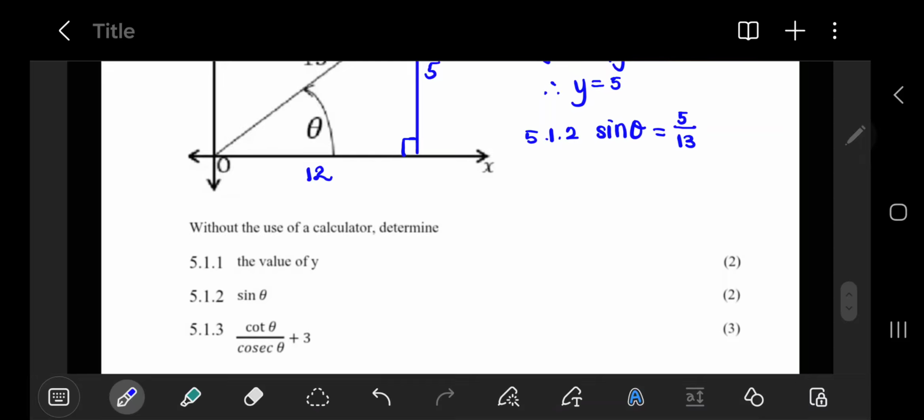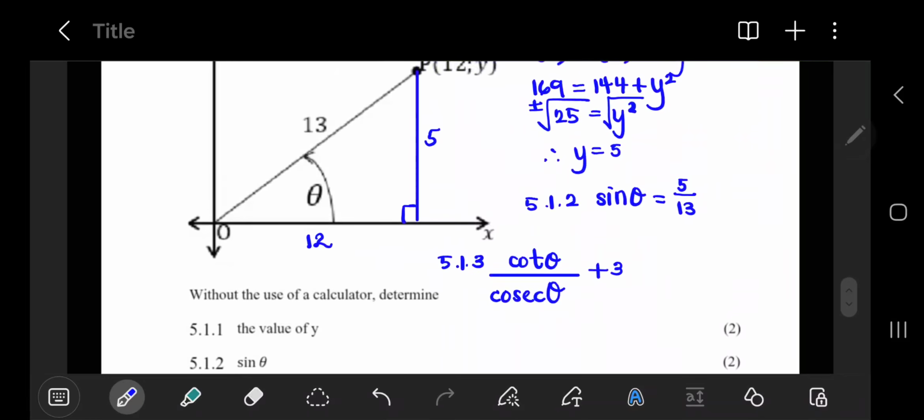Now 5.1.3, let's write this down. We need cot theta over cosec theta plus 3. Now here's the thing, cot and cosec are reciprocals. And I've mentioned this in the previous video as well, where cot is 1 over tan, and cosec is 1 over sine.